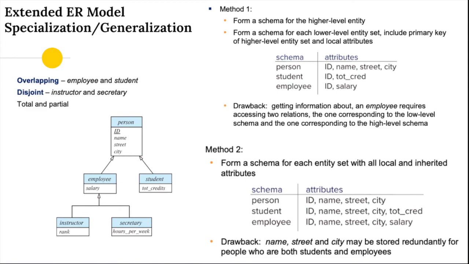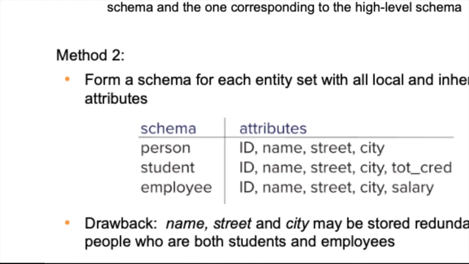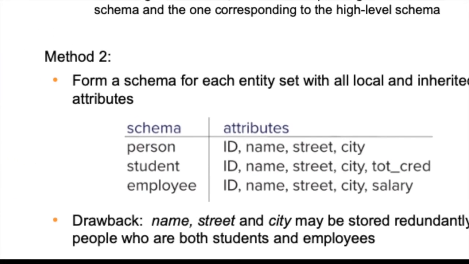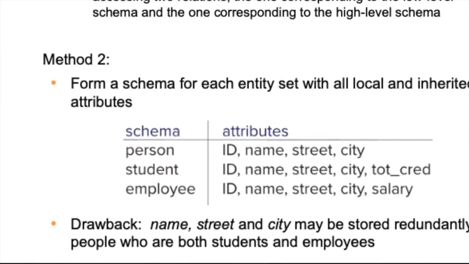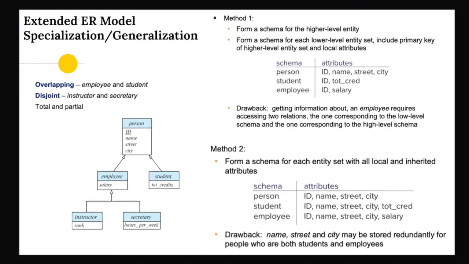If we have a total specialization, then walang magiging contents si person for method number 2. However, if we have a partial specialization, then we can have contents in the person table.